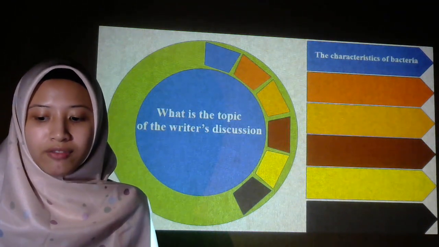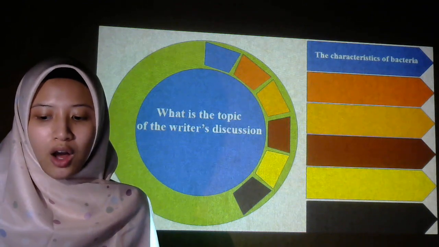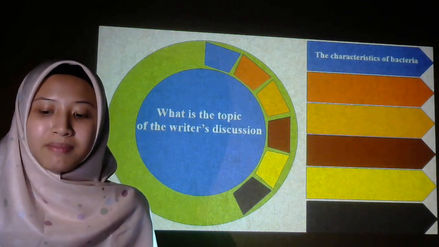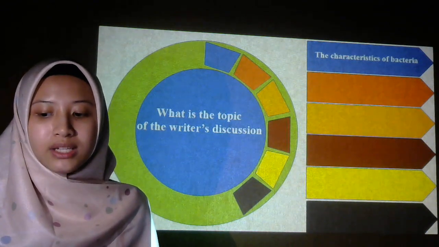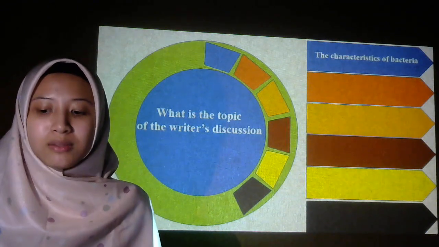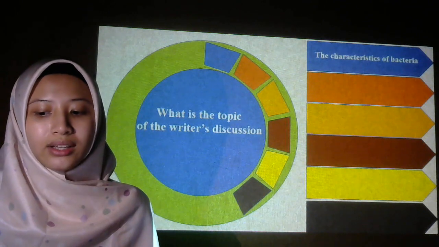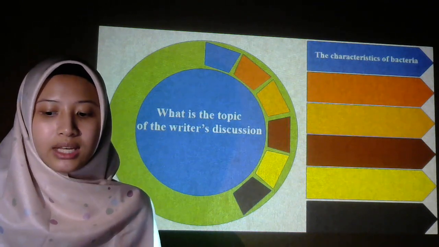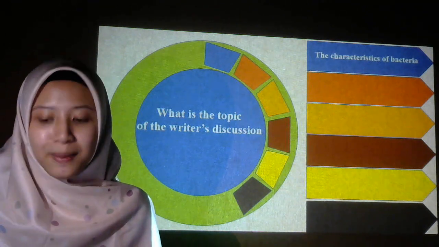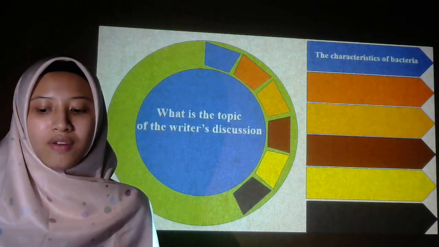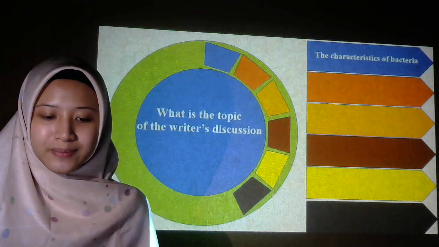The next paragraph is the description of the habitat and the bacterial body. So, the topic of the discussion in the text above is more referring to the characteristics of bacteria, because it discusses the shape, habitat, habits, and structures of the body of bacteria.